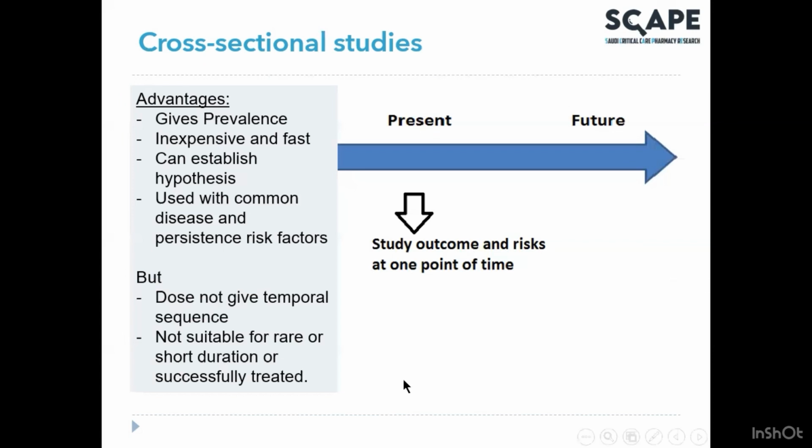So in rare diseases, cross-sectional will not help me, because I would need a very, very large sample size in order to catch these rare events or diseases, which is not practical most of the time.